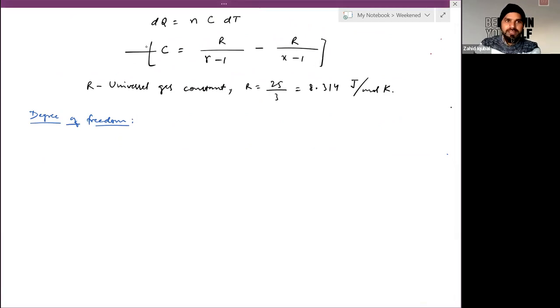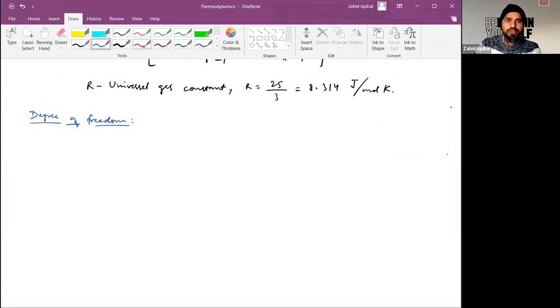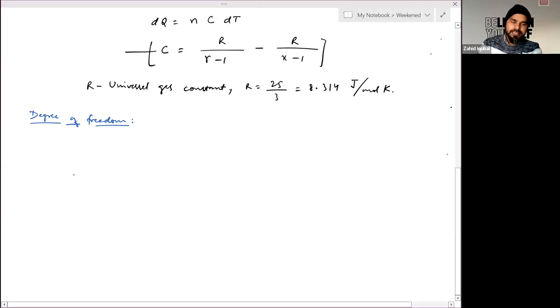Suppose you have a particle, a monoatomic particle, such as helium. If you have a diatomic molecule, such as hydrogen, oxygen, nitrogen, like this. Or you'll have triatomic, such as the water molecule, which has a bent shape, like this.